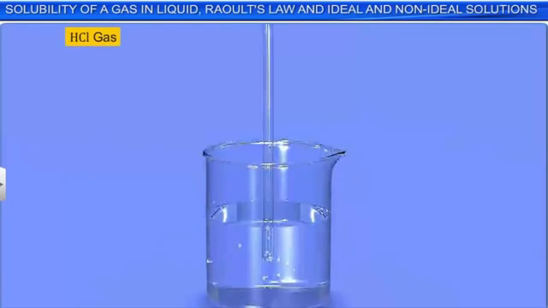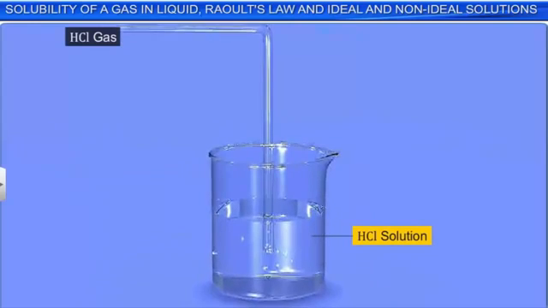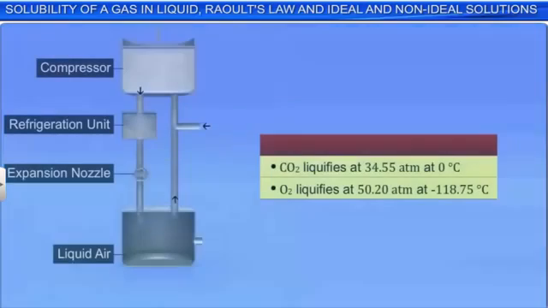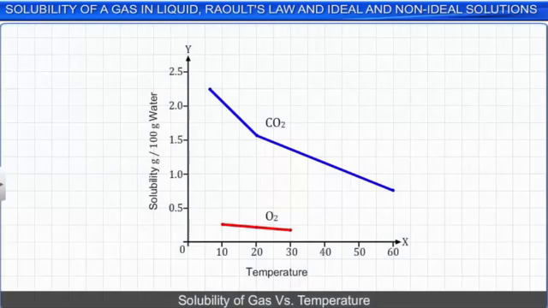Gases dissolve in liquids to form solutions. Generally, gases that are easily liquefiable are more soluble in a solvent. For example, carbon dioxide is more soluble in water than oxygen at a given temperature.